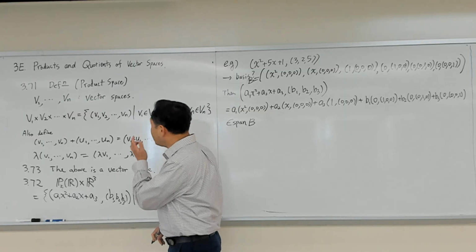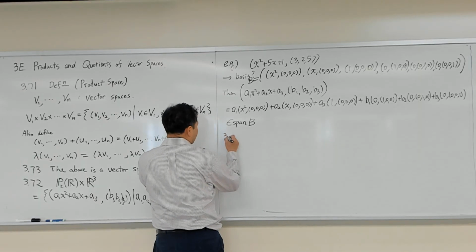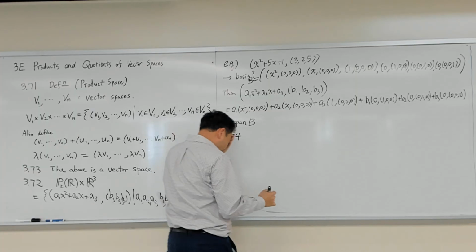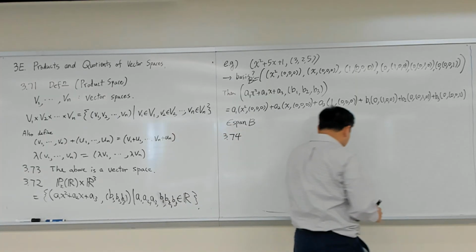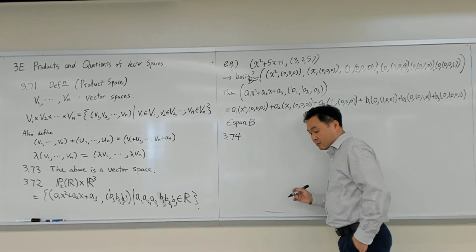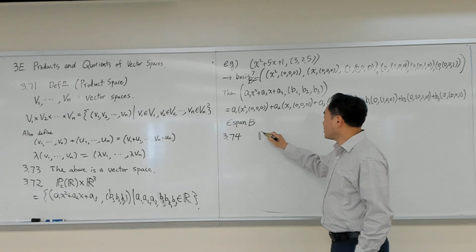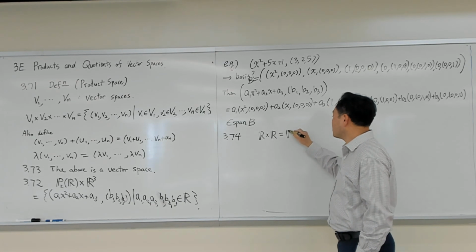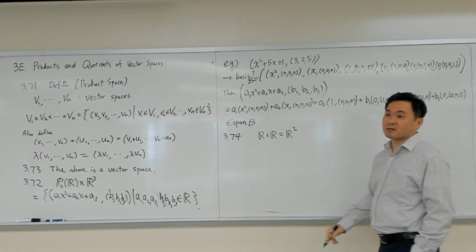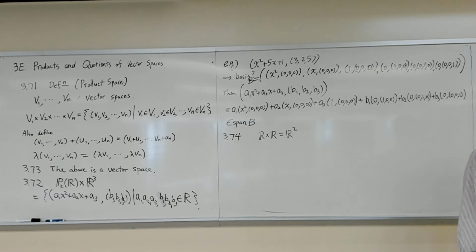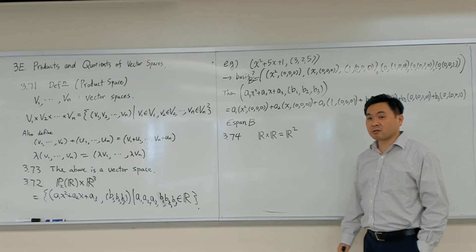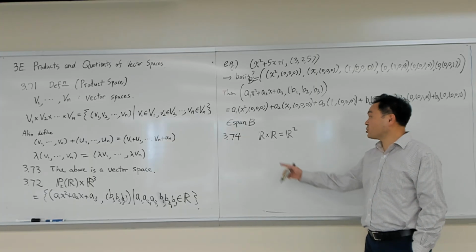And there are some nuances here. So 7.34, first of all, you can see that R cross R is equal to R squared. That's because Rn, the definition of Rn, is really the product set.